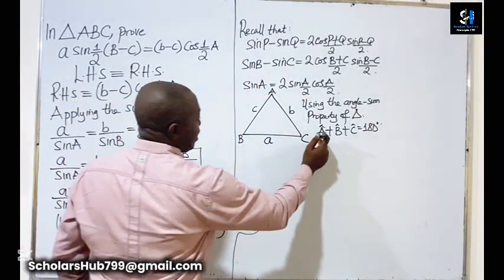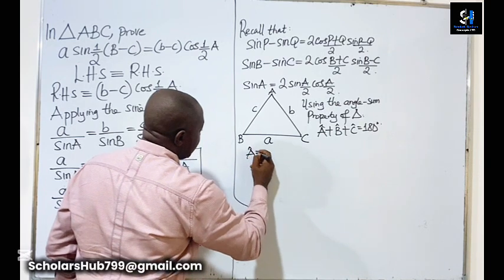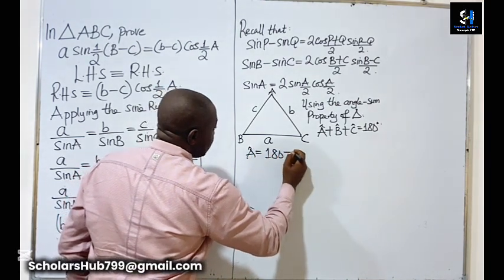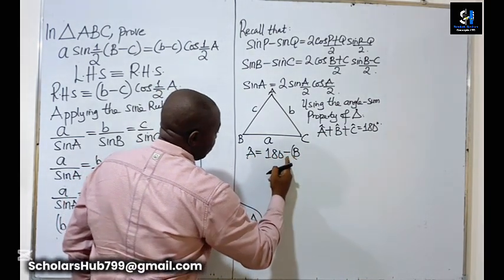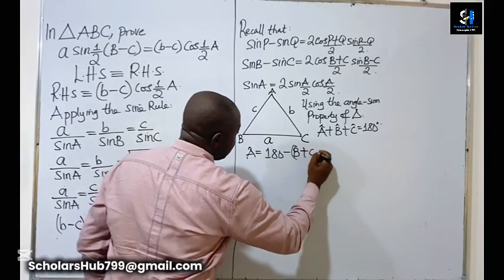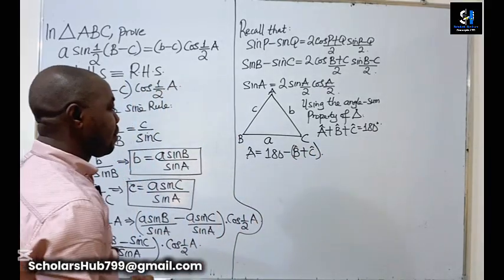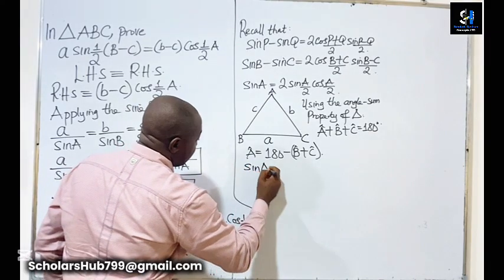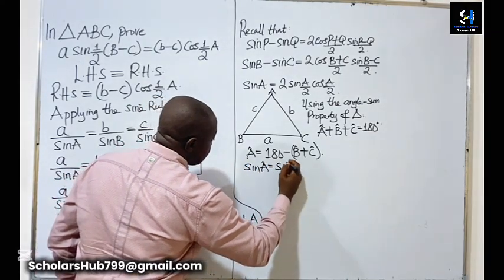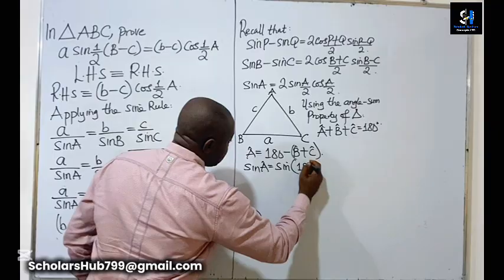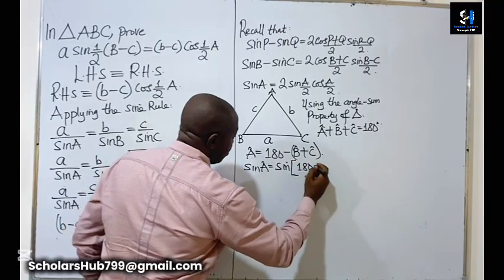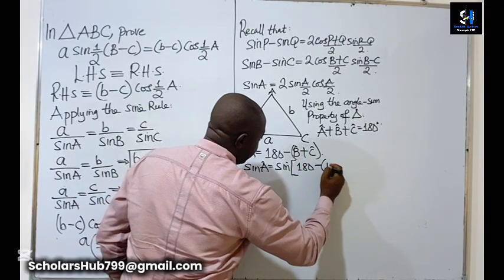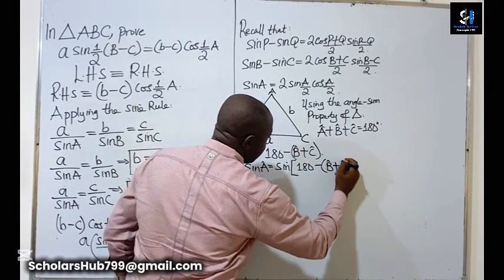Now I can write angle A equals 180 minus (angle B plus angle C). Which means that sine A will be equal to sine of (180 minus (angle B plus angle C)).